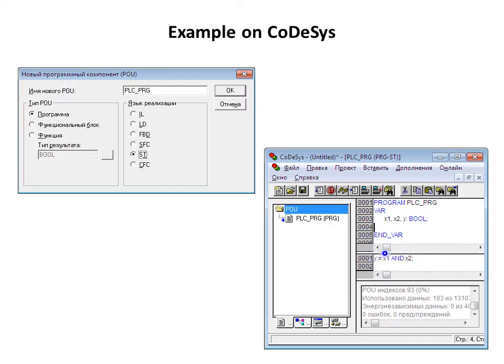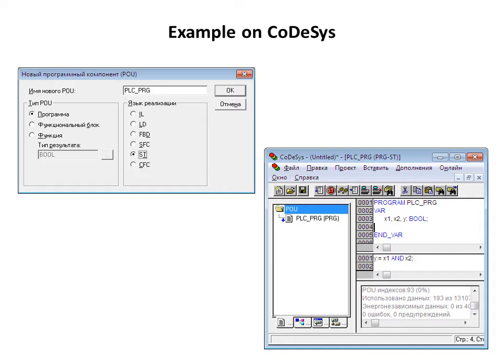Yes, this is the field for programming in the ST language, using the learned syntax of expressions for the ST programming language we talked about in this part of our lecture. A special feature of the program is that the text must contain at least an empty expression in the form of a semicolon symbol.